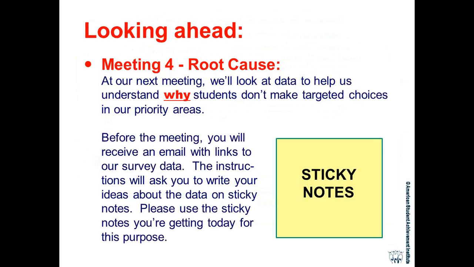That can be our current data, and then our target data is wherever you set the target. It could also be the survey data for your current data. You could say, okay, on the survey, 80% of the kids said they asked questions in class, and that could be your data.